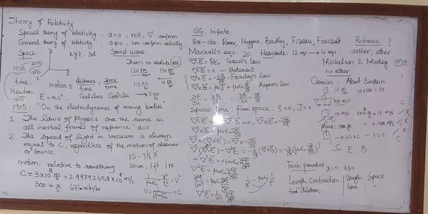According to the earlier algebra or earlier consideration of motion, all these are right. But according to the special theory of relativity, the answer to all of them is no. The speed of light in this case will be c, in this case will be c, and in this case will be c.